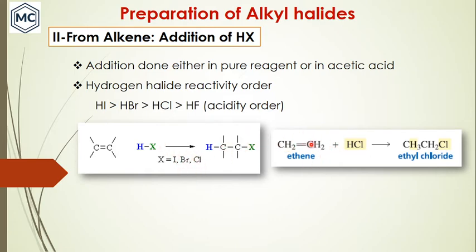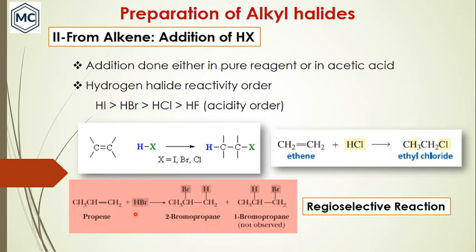For example, ethene with HCl, you get ethyl chloride. And in this particular case, hydrogen can go to this carbon atom or to this carbon atom, whichever, no problem, you get the same product.